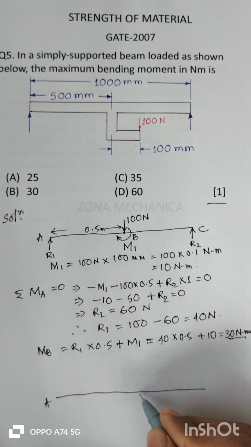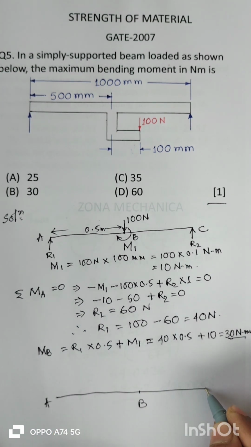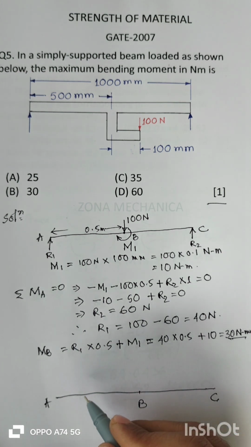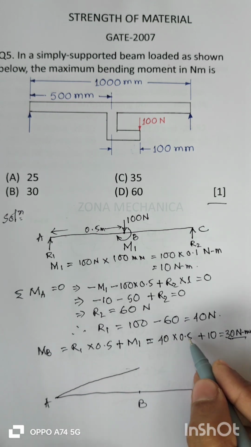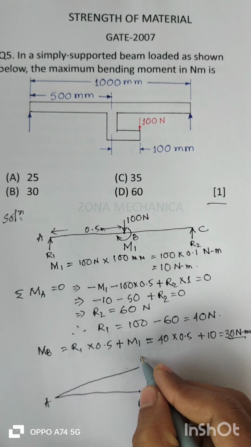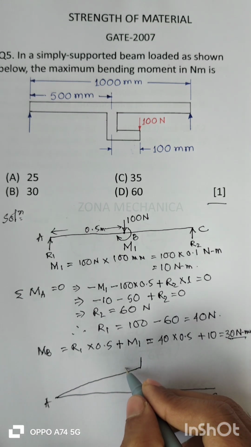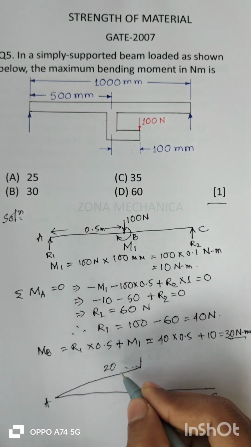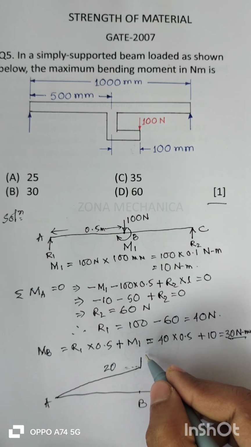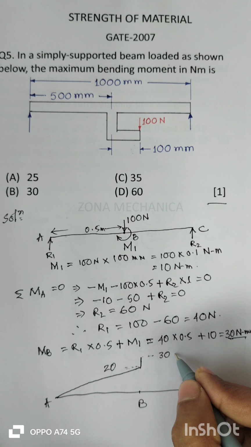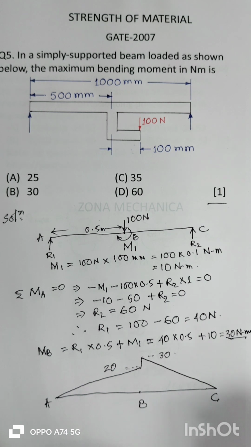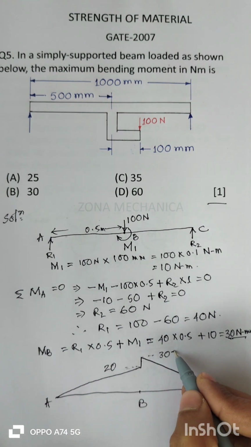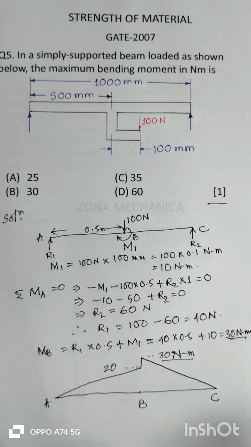Suppose this is the point A, this is the point B, and this is the point C. Gradually from 0 it goes up. 40 into 0.5 is 20, and this is 10 at the point B. So this point is 20 Newton meter, and this is 10, so this point is 30 Newton meter, and then gradually it will reduce to 0 at the point C. So this is the maximum bending moment, 30 Newton meter. So option B is the correct answer.